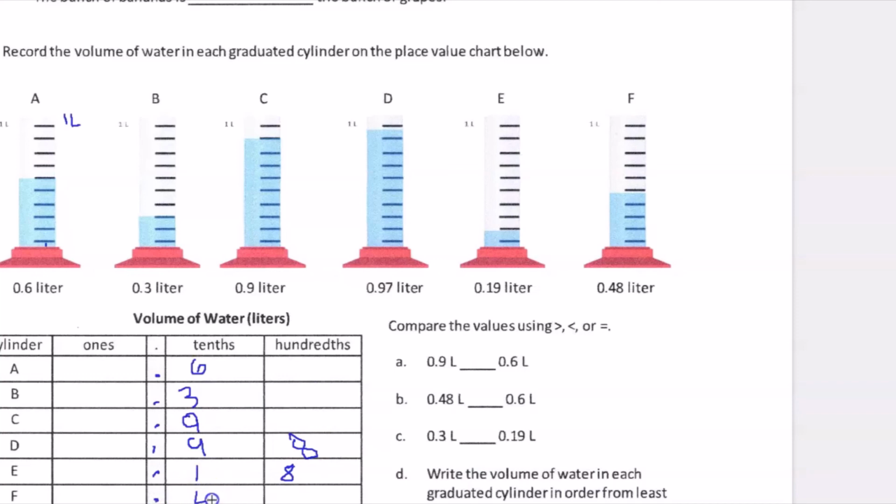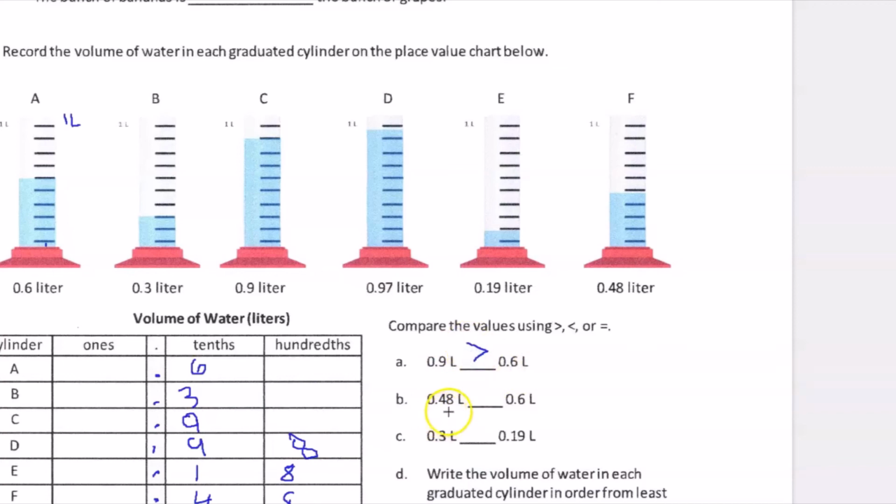Let's call that 0.48. Now over here you're going to use the greater than, less than, or equal sign. And you want to look at these lengths or the height of the graduated cylinder fluids to know what to put here. So is 9 tenths taller than 6 tenths in the graduated cylinder? Yeah, it is greater than.